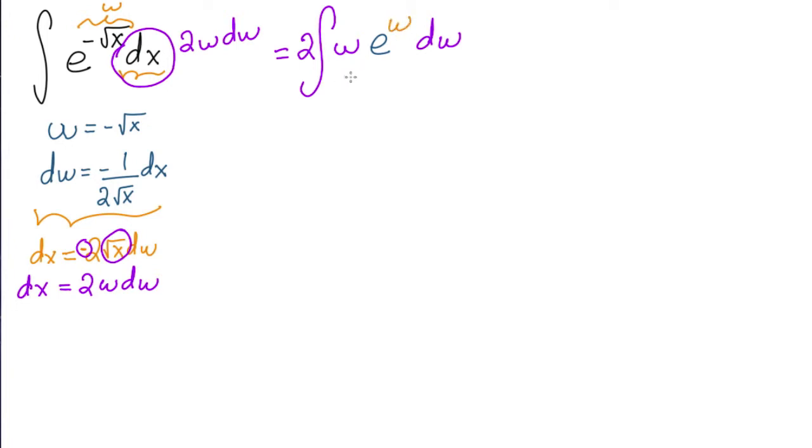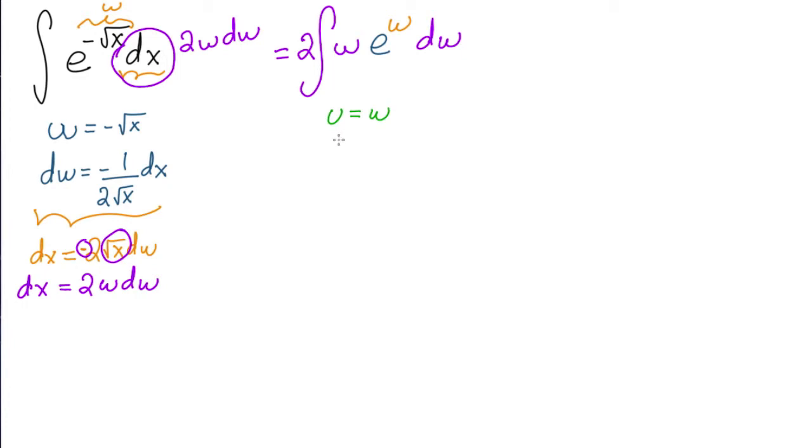And you might recognize this because this is an integration by parts problem that we've done before. I mean, this is just my variable w times e to the w. And now this isn't too bad, right? So what I'm going to choose for this is I'm going to let u equal w.